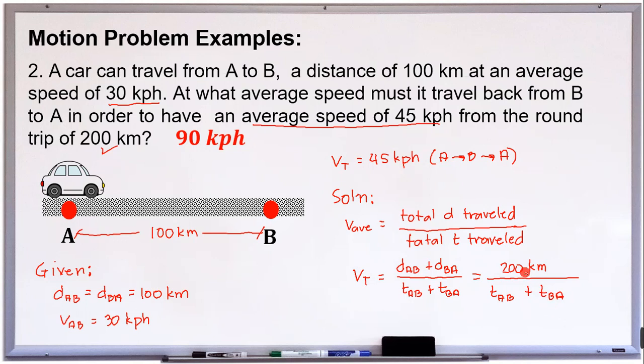T sub BA. So same with the previous example, this will be our working equation. So where do we get this one? From the basic principle of the average speed, and where do we get the expression for the sum of the time?